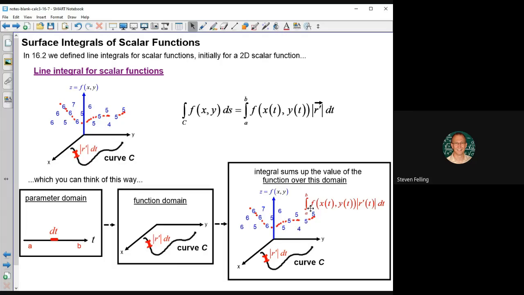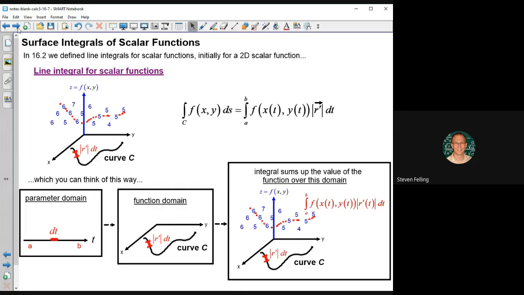So we integrate by taking a little one-dimensional length, which was the magnitude of the direction vector, r prime, times dt. And then we just multiplied that by the integrand, which was a scalar, and summed that up with a single-dimensional integral. So that was a line integral along a path where we had just a two-dimensional domain.